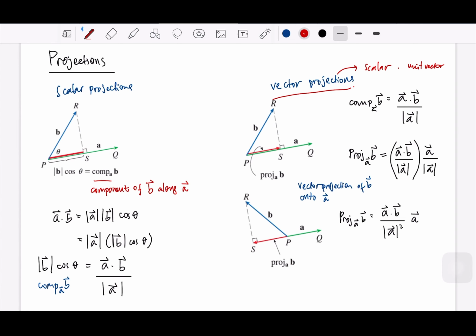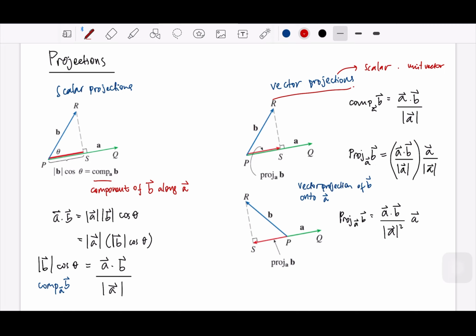Okay, I hope you get the idea and there's no need to force yourself to memorize this. If you are confused, start by drawing the triangle with the vectors. Start with the scalar projection, which means this length is just a scalar, not a vector, so you just take the magnitude of the vector B projected onto A, which means you need the cosine to make it a scalar value.